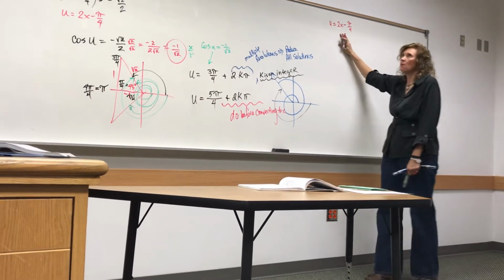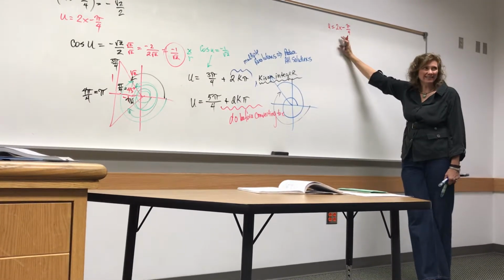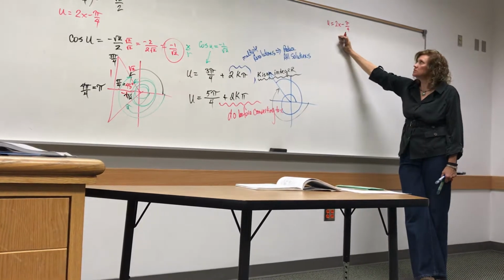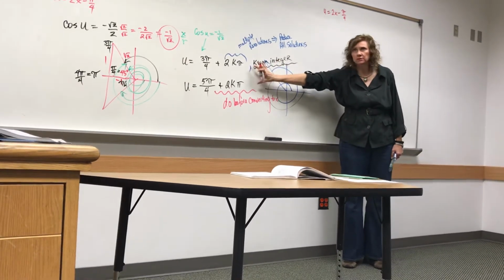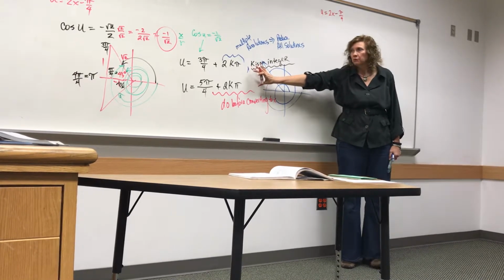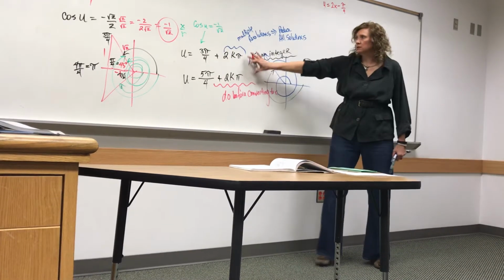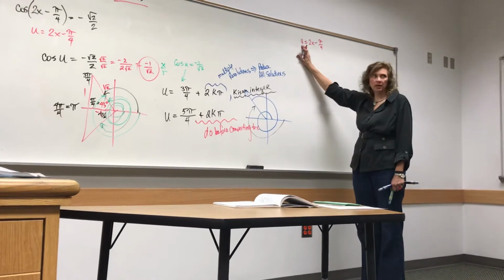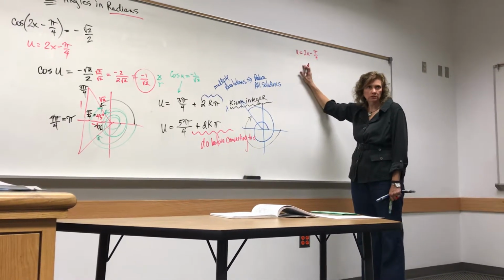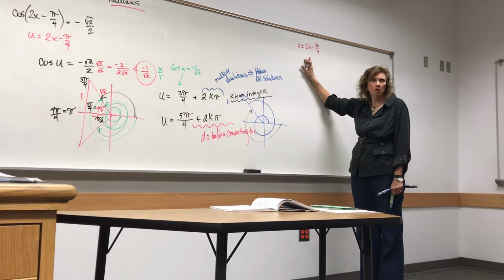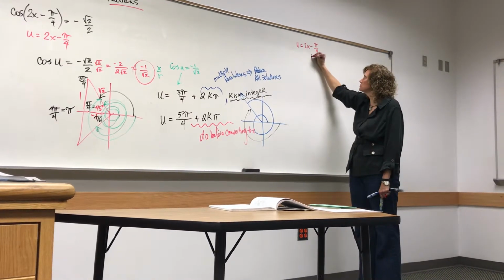I think it's probably easier to solve this for x and then plug in these expressions, rather than plugging them into u and solving for x. So would you agree? Let's solve for x first.